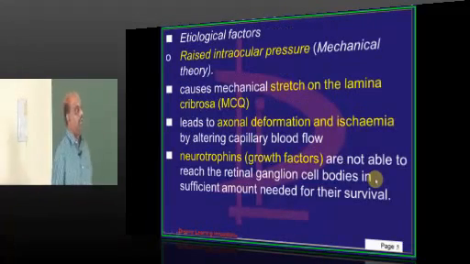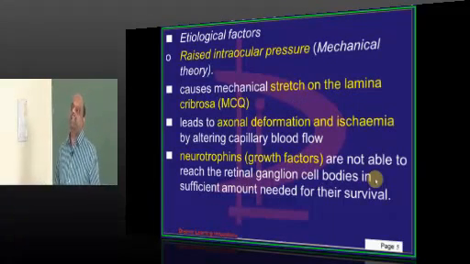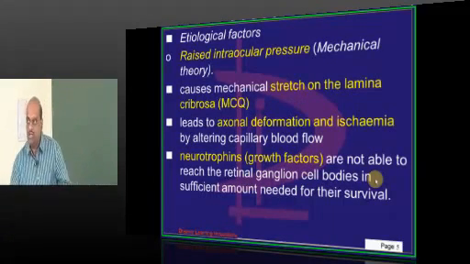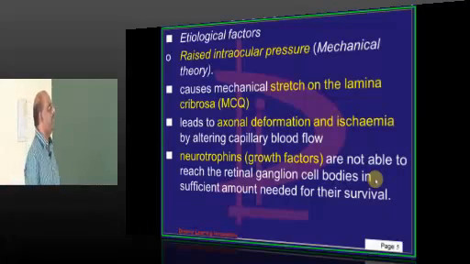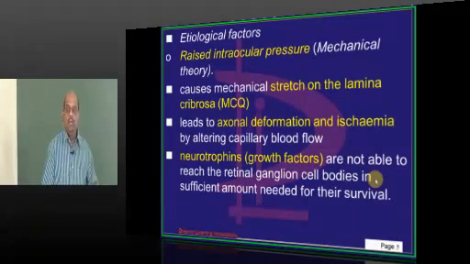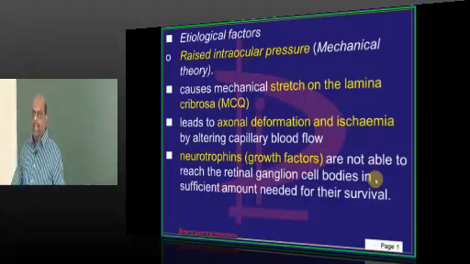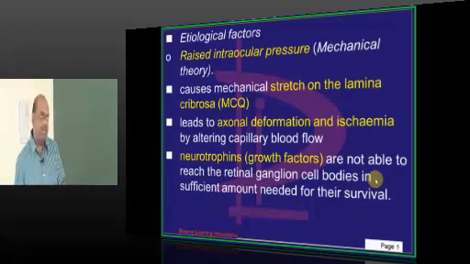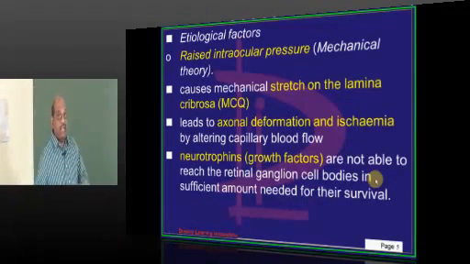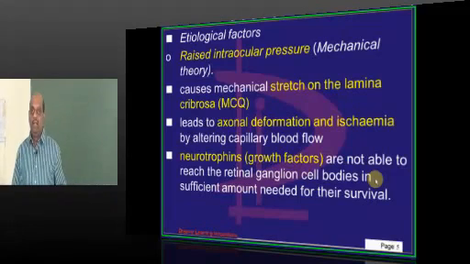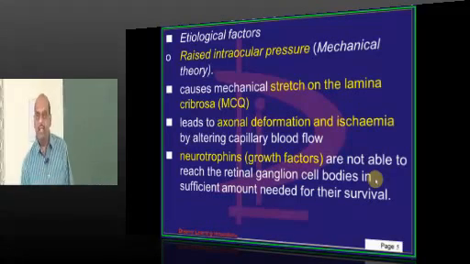Now, what are the main etiological factors in general for the development of glaucoma? One theory is the mechanical theory, that a raised intraocular pressure will stretch the lamina cribrosa. This is one of the favorite MCQs in the AIIMS question bank.